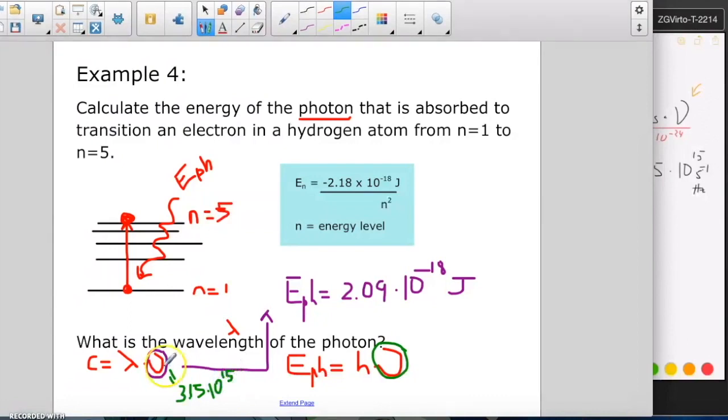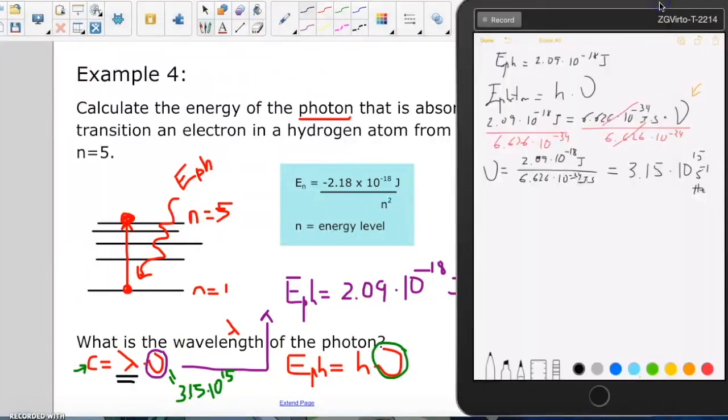As we know the frequency because we calculated it thanks to the previous equation, and we know the speed of light because it's always going to be the speed of light, 3.00 times 10 to the 8th meters per second, now we can solve for the wavelength. That's what I'm going to be doing next.